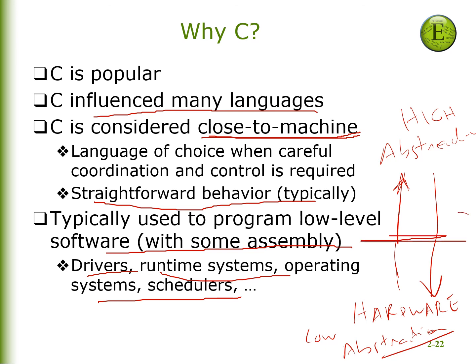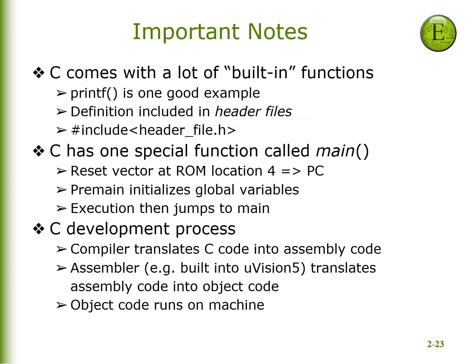It is still close to the hardware, and it is a very good choice for programmers to write their code in a concise manner that can later be used, reused, or modified to implement a different application. Some merits of using C language is that it comes with a lot of built-in functions. A good example is printf, which is used for printing purposes, and those and similar definitions are included in the header files that we introduce as preprocessor directives, include.